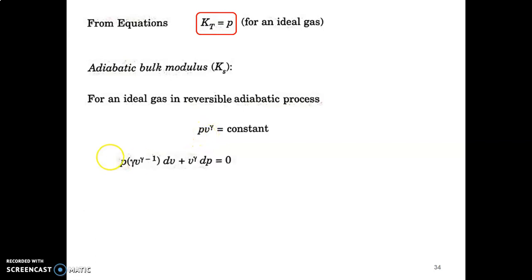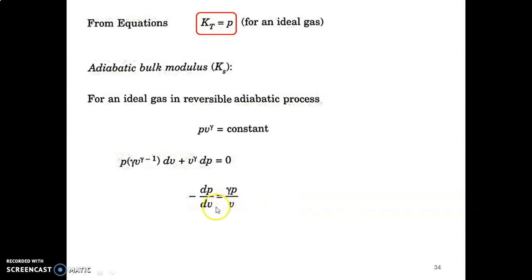Now differentiating on both sides, we get P into gamma into V raised to gamma minus 1 dV plus V raised to gamma into dP equal to 0. From this we find minus dP by dV, which is gamma P by V.